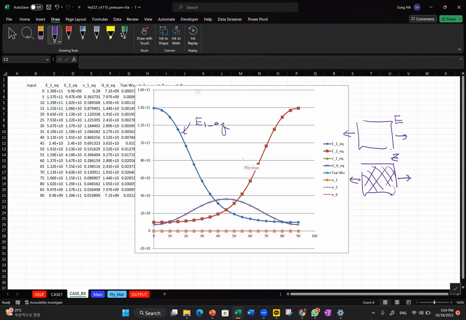This is the Young's modulus, the equivalent stiffness. And for the equivalent stiffness, like here, we have theta minus theta, and theta minus theta, and this is the biaxial.